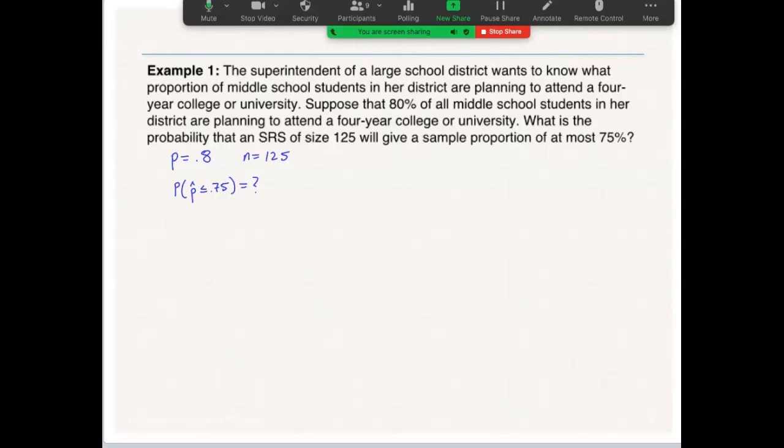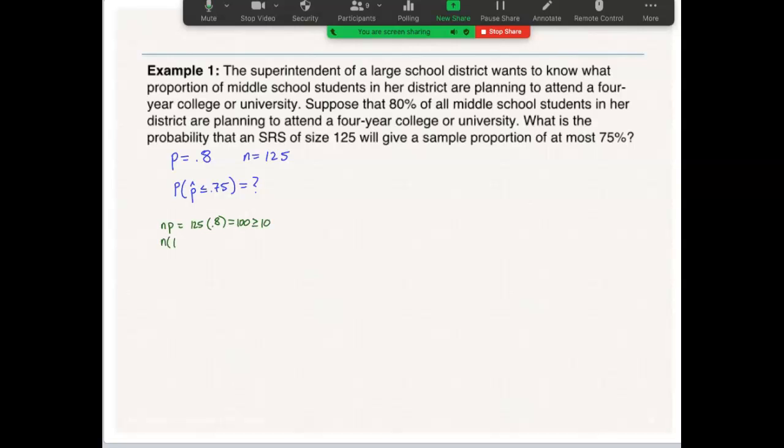A couple things I'm going to do is go, all right, so what's n times p? So that's 125 times 0.8, which is 100, which is definitely greater than 10.